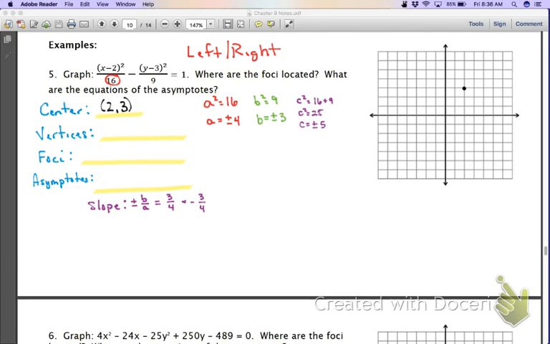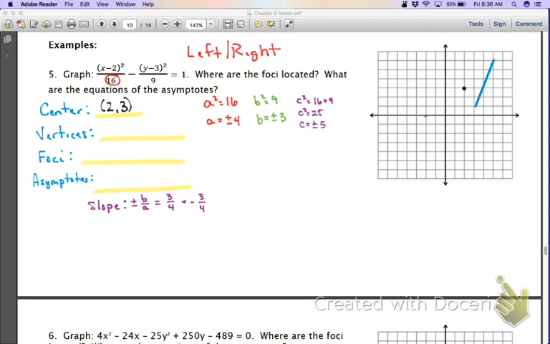Now, you will have some people that will write the full-blown slope equation. I'm not one of these people. I'm going to go up 3, and I'm going to go over 4, and put my point, and I'm going to go down 3, and go back 4. Hopefully a better line than that.